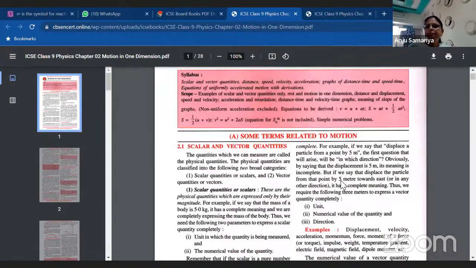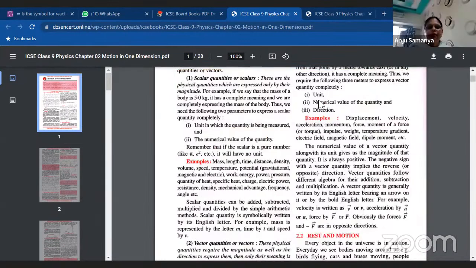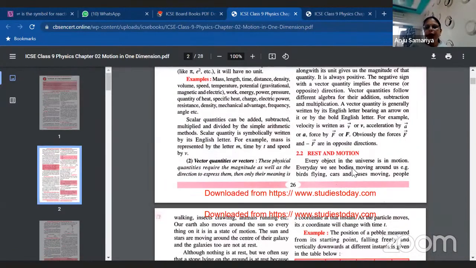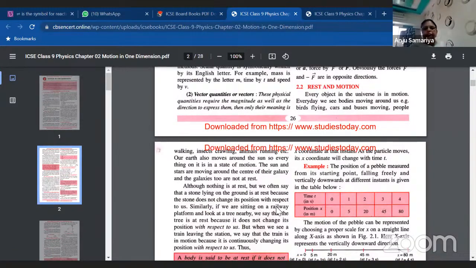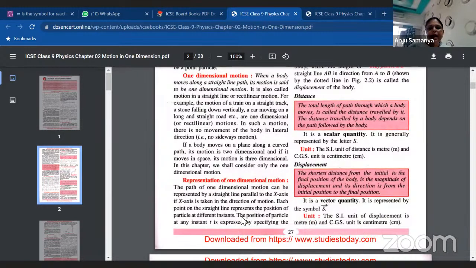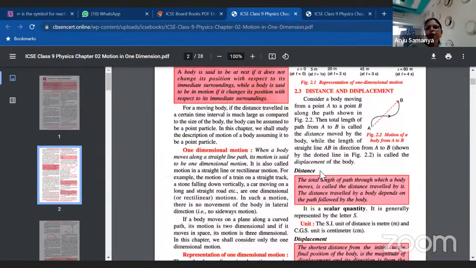Any doubt in that? No. Then we know how to write a unit. For any physical quantity, we need a unit and the numerical value. In case of a vector quantity, we need direction, and in case of a scalar quantity, we don't need direction. Then we discussed rest and motion, so they are relative. And then we discussed one-dimensional, two-dimensional, and three-dimensional motion, and then the representation of 1, 2, and 3-dimensional motion.